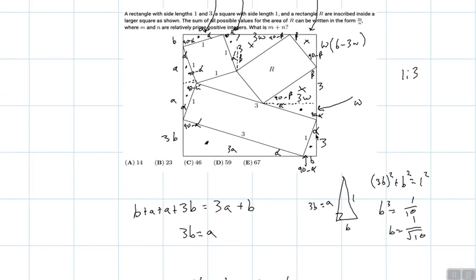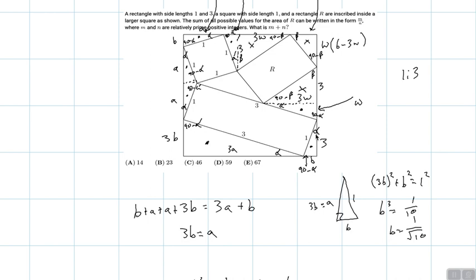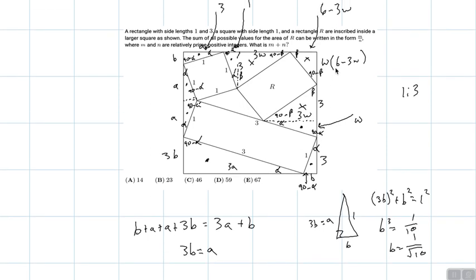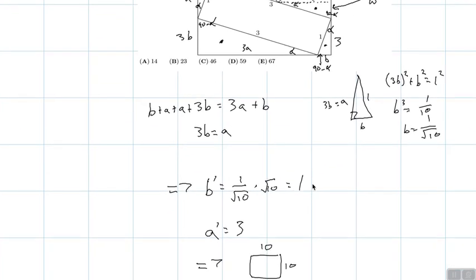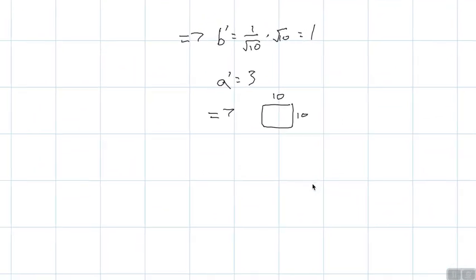So now we have the sides of this thing. What we can do now is add up. If we add up this side here, we know it has to be equal to 10. So we get 3 plus w plus 3 plus w times 6 minus 3w is equal to 10.